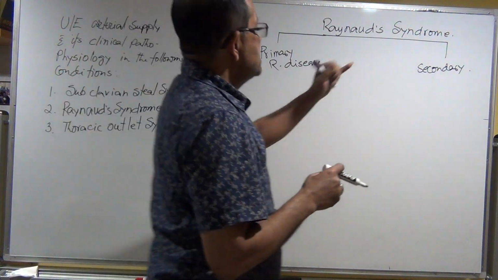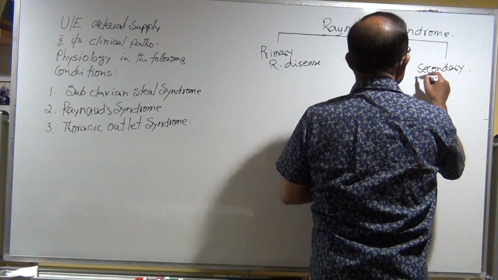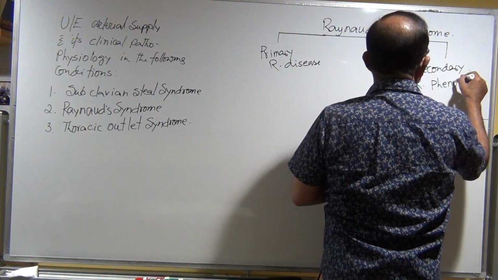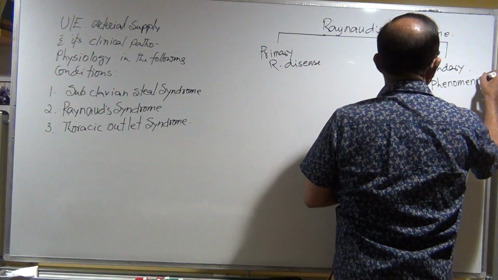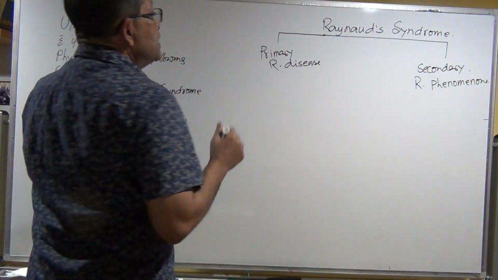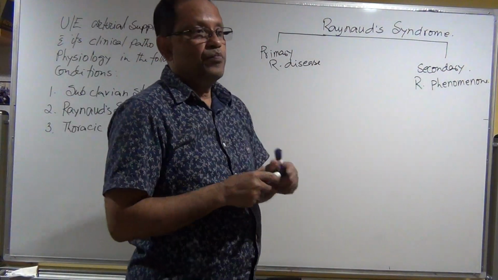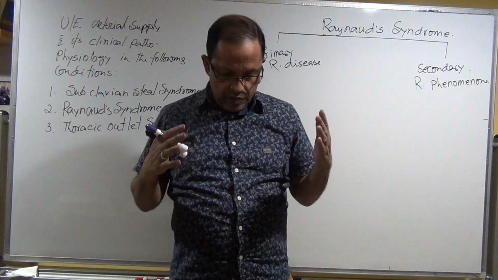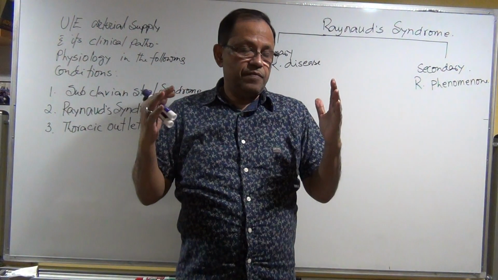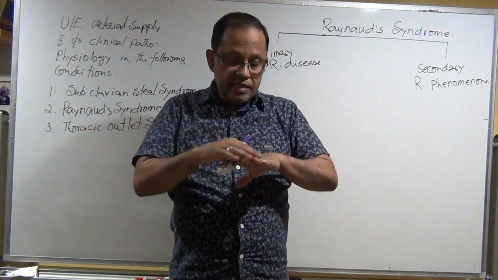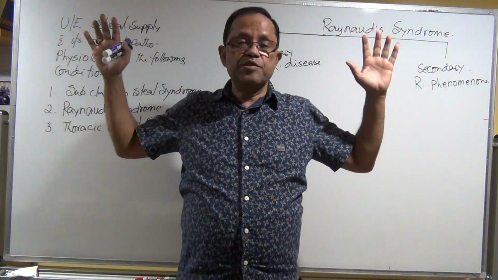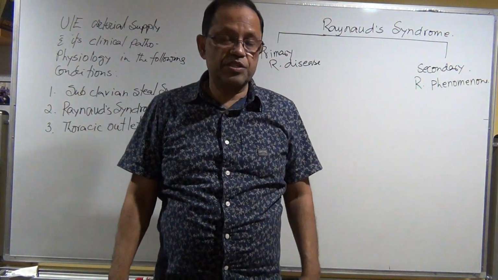And this secondary, we call it Raynaud's phenomenon. Then what is Raynaud's syndrome? Raynaud's syndrome is a feeling of digital vasospasm, mostly in the upper extremity, but it can happen to the lower extremity too.